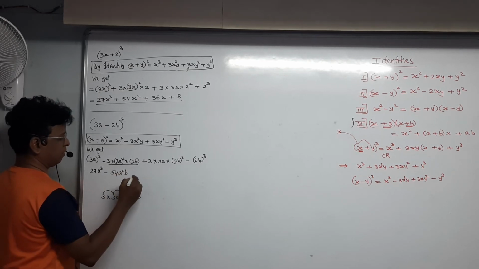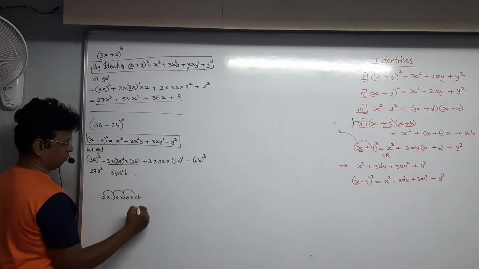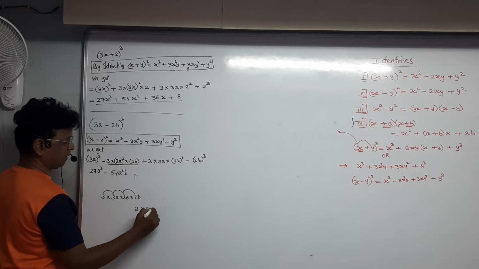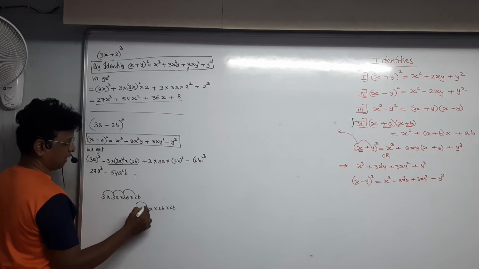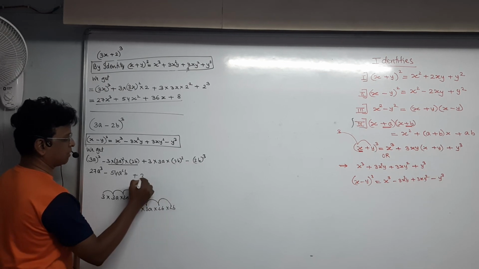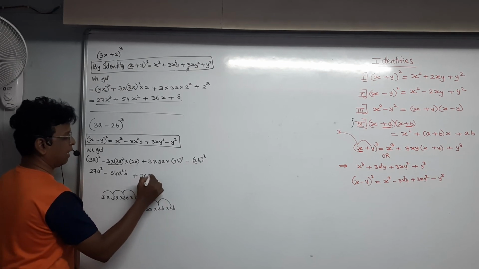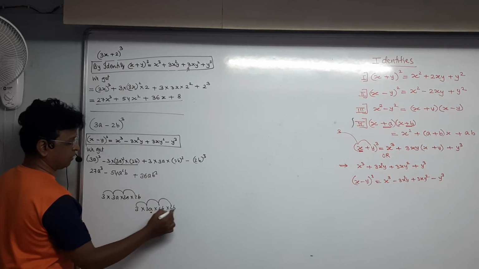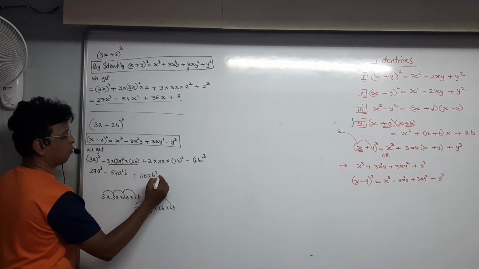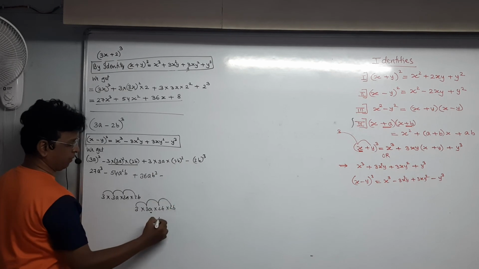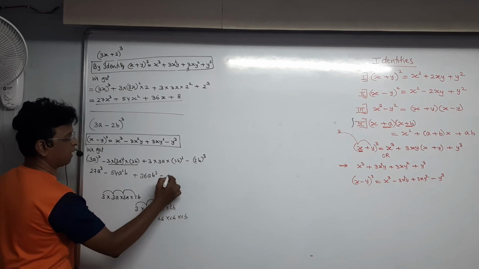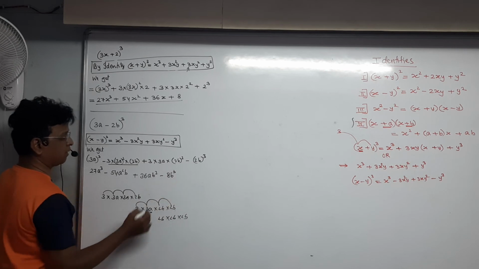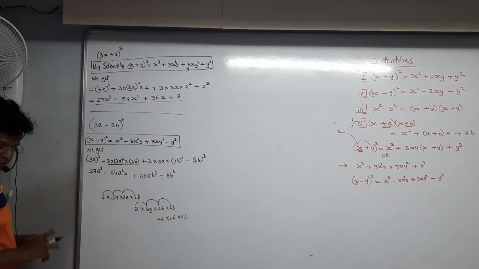Plus 3 into 3a into 2b into 2b: 3 3s are 9, 2 9s are 18, 2 18s are 36ab square. And 2b cube will be 2b into 2b into 2b: 2 2s are 4, 2 4s are 8b cube. This is going to be your final answer.